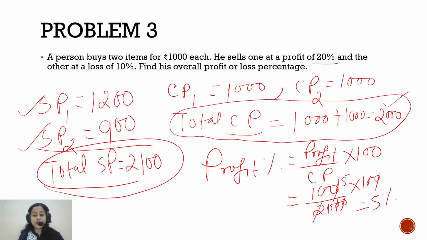So once you have total cost price and total selling price, you can find out the difference. You will get a positive difference, which is profit. And then at the final step, the fifth step, you have to find out the profit percentage after selling both the products. So this is how, by applying a combination of 2-3 formulas, we can solve this kind of numerical problem.